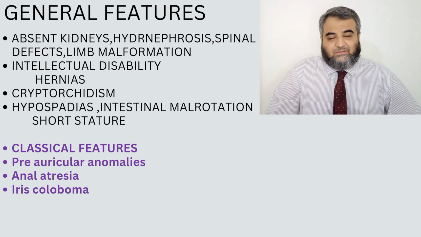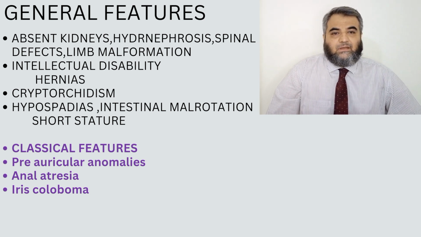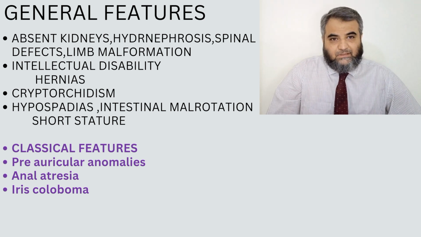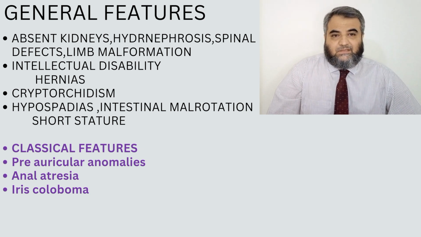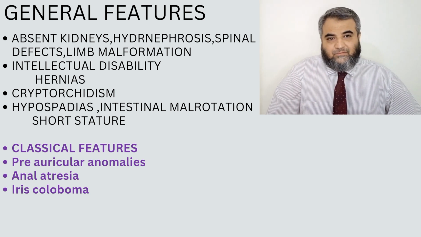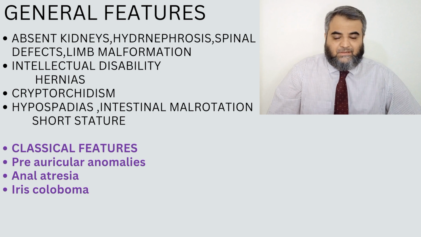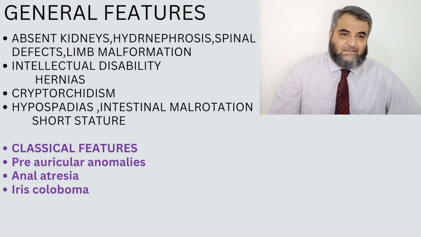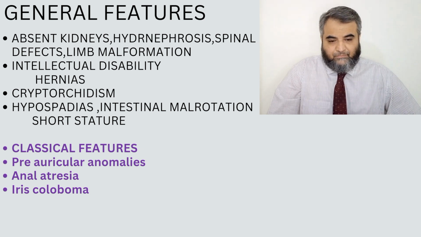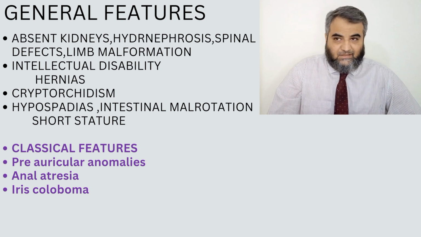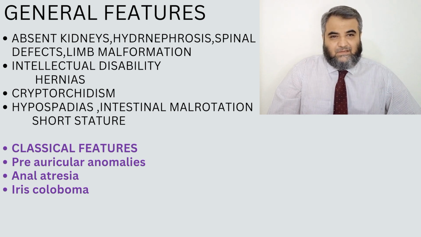And if we talk generally about what's going on in the body in these patients, they may have absent kidney, small kidneys, GIT problems, anal canal stenosis, narrowing of the anal canal, genital problems, for example, cryptorchidism, and in females they also have genital problems, intestinal malrotation, they usually have short stature, and hernias may develop, spinal defect, limb deformities, hydronephrosis in kidneys.